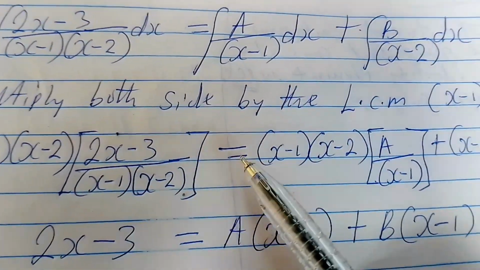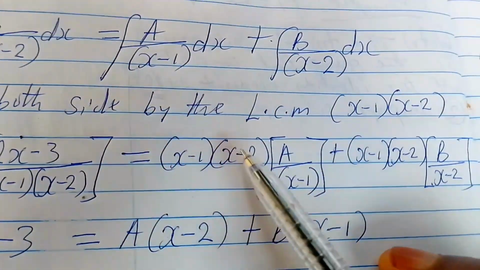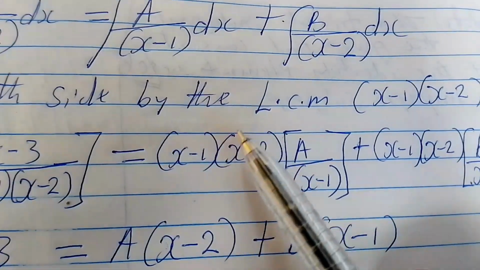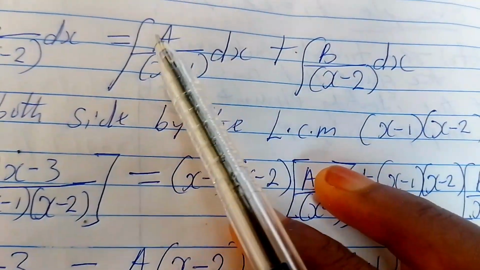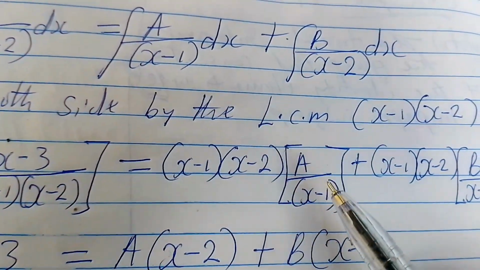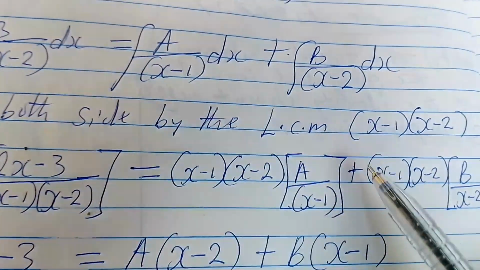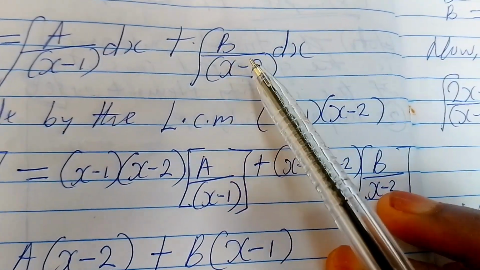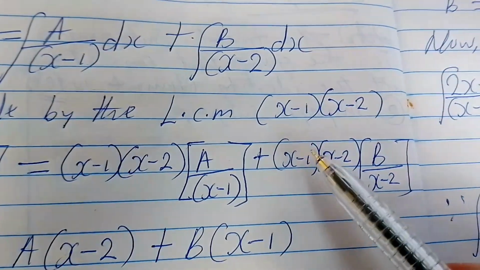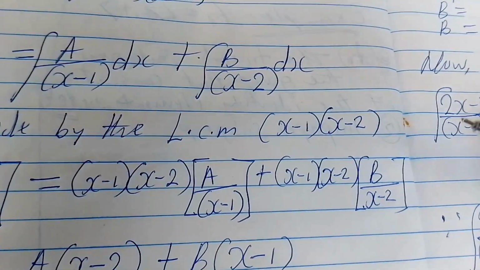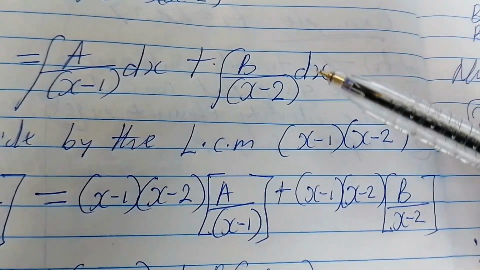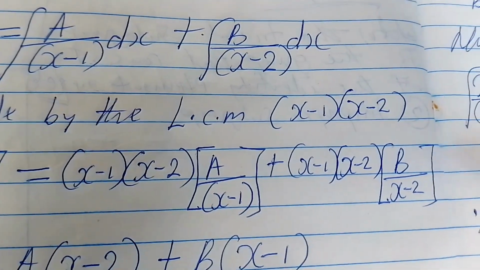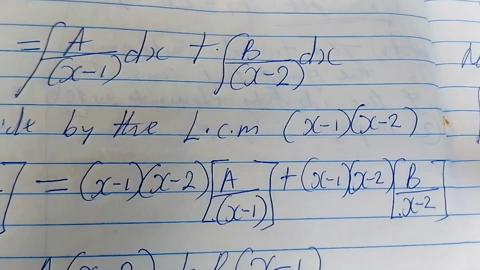Now on the right hand side, we multiply by the LCM, which is (x - 1)(x - 2), on the first expression, A over x - 1, plus we also multiply by the LCM on the second part of the right hand side, (x - 1)(x - 2) multiplied by B over x - 2.